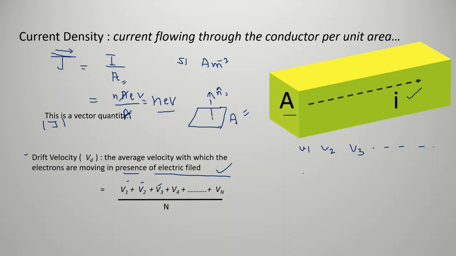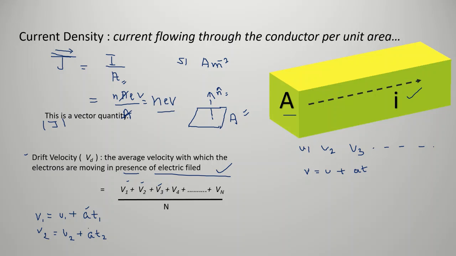As you all know, this kind of equation, v equals u plus at, we consider separately for all the electrons, and thus we obtain v1 equals u1 plus a into t1, then v2 equals u2 plus a into t2.